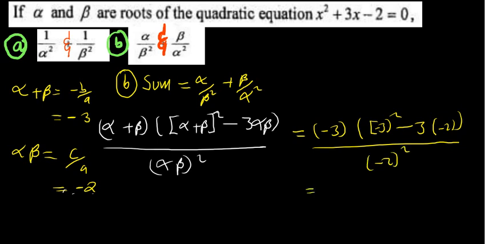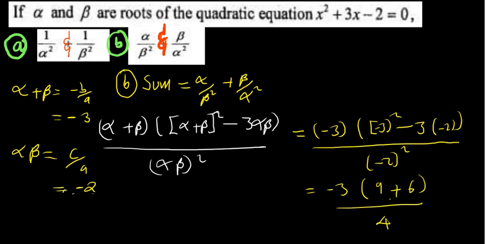So this will give us negative 3 times negative 3 squared, that's a 9, minus 3 times negative 2, which will be positive 6, and then over 2 squared, that is going to be a 4. 9 plus 6, that is going to be a 10.